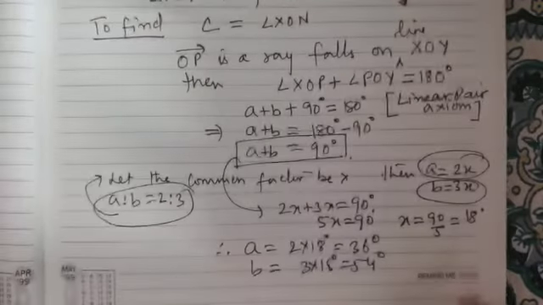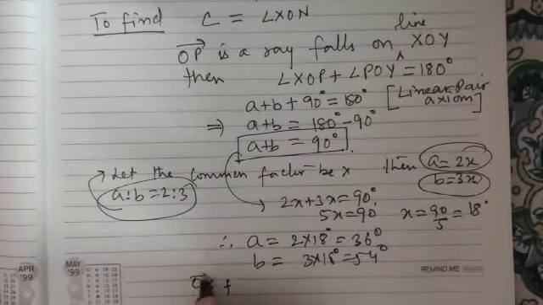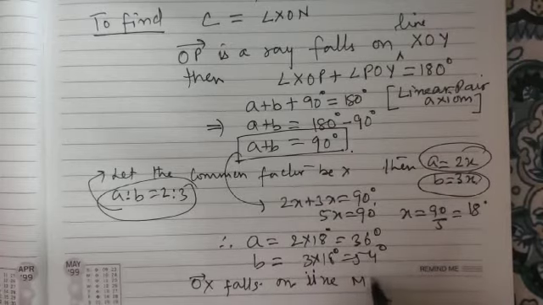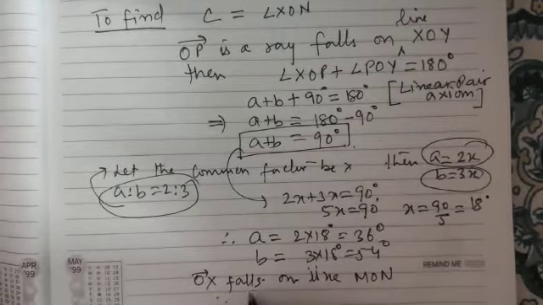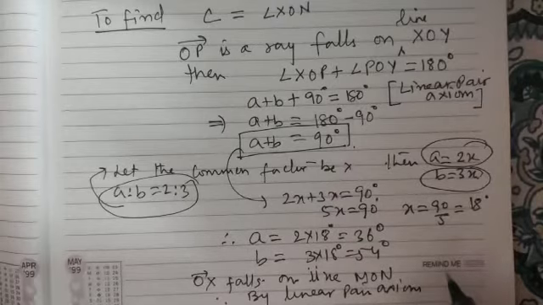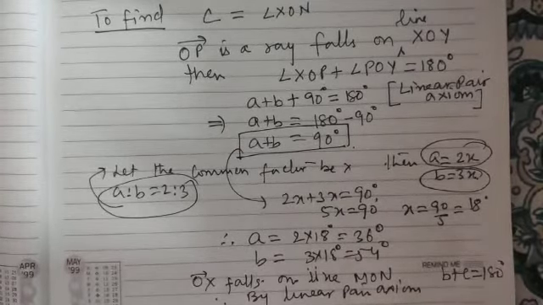So I'm writing this. OX falls on line MON. Therefore, by linear pair axiom, B plus C equals 180 degrees.